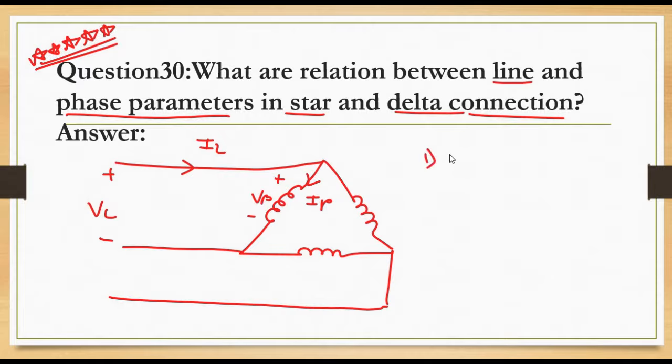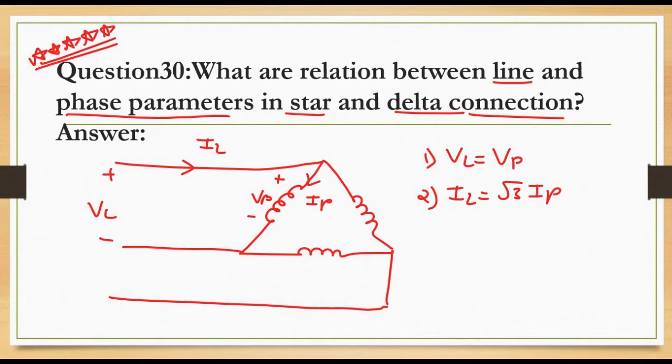So the two important relationships are: first is the line voltage is equal to phase voltage in delta connection, and the line current is equal to root 3 times phase current. So these are the two important relationships between the line and phase voltage and current parameters.